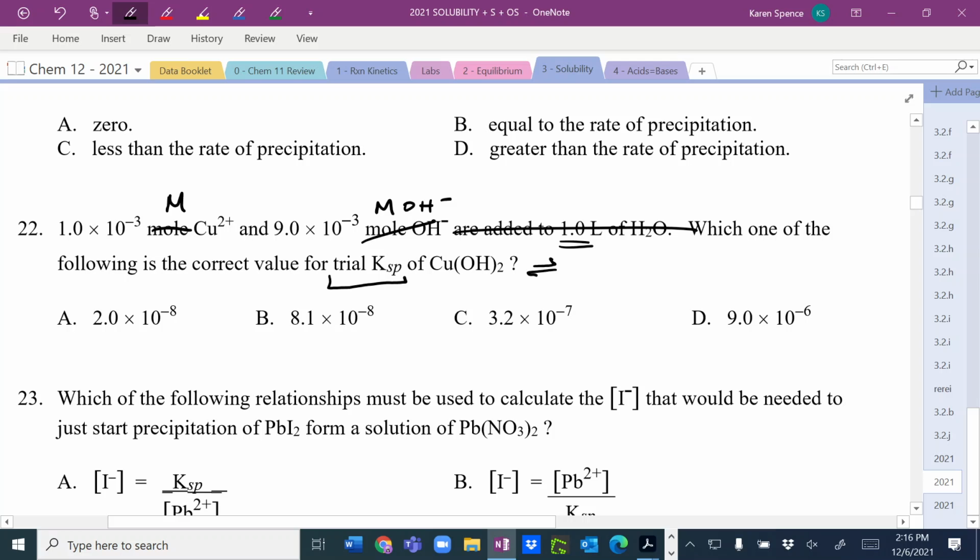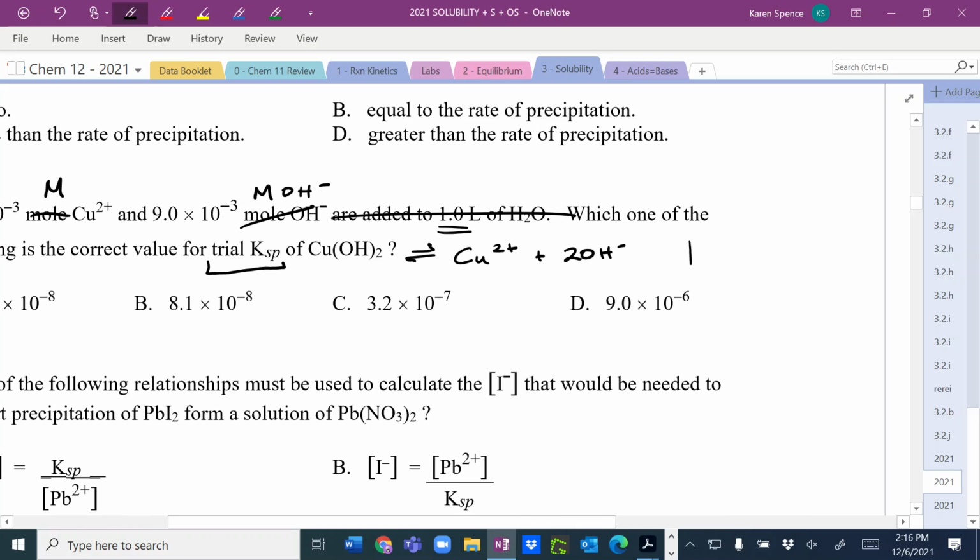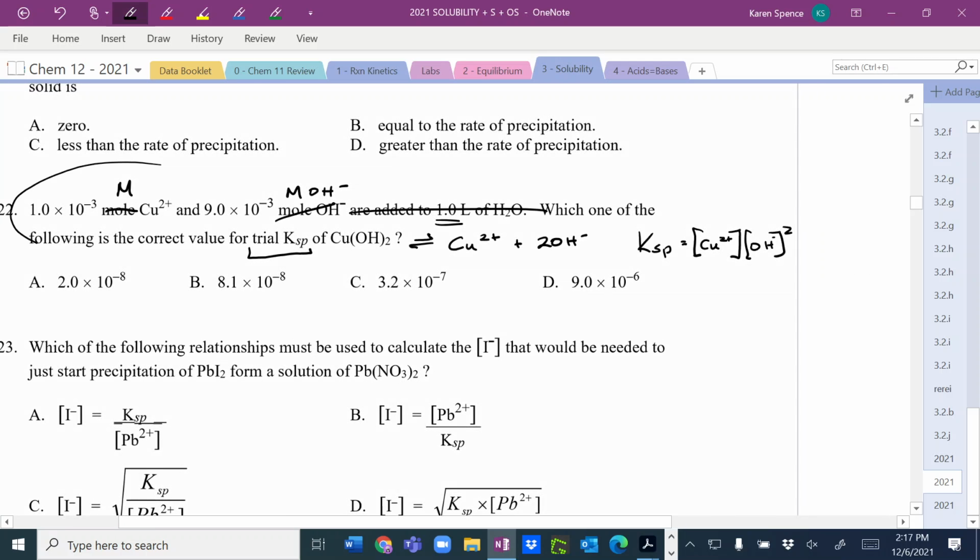Well, Cu(OH)2 dissociates like this. So our KSP expression will be KSP equals the concentration of copper times the concentration of hydroxide squared. I know the concentration of copper. It's 1 times 10 to the minus 3.